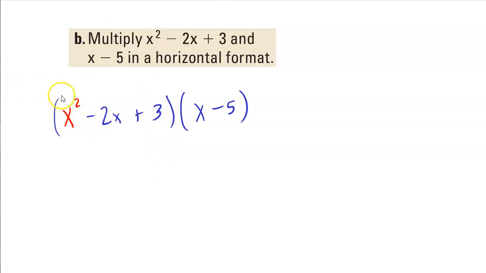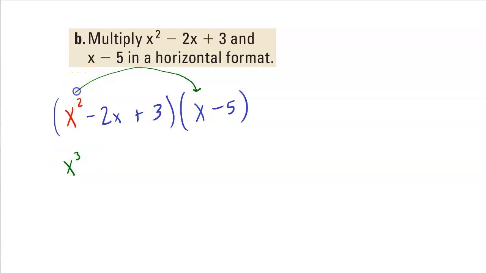So I'm going to highlight this one in red and say, all right, well, the x squared needs to be multiplied by both terms in the second polynomial, or in the second parentheses. So I can match those up. So what I'm going to do here is take x squared and multiply it by this term to give me x cubed.